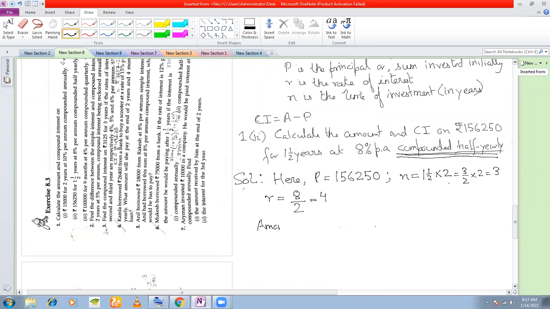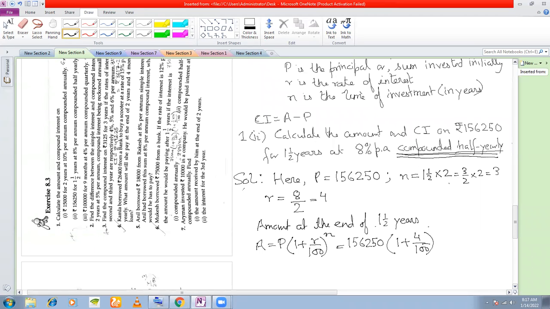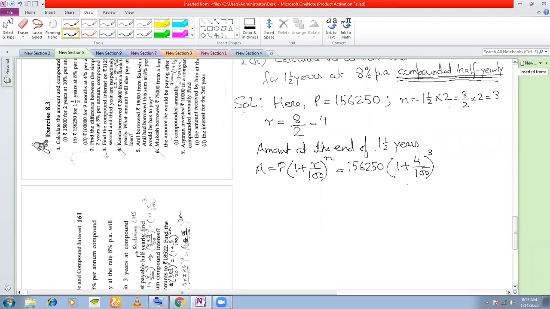So amount at the end of 1.5 years, A is equal to P (1 + r/100) to the power of n. 156250 (1 + r/100) cube, right? See, in the formula I put r is equal to 4 and n is equal to 3. Now we make the calculation.